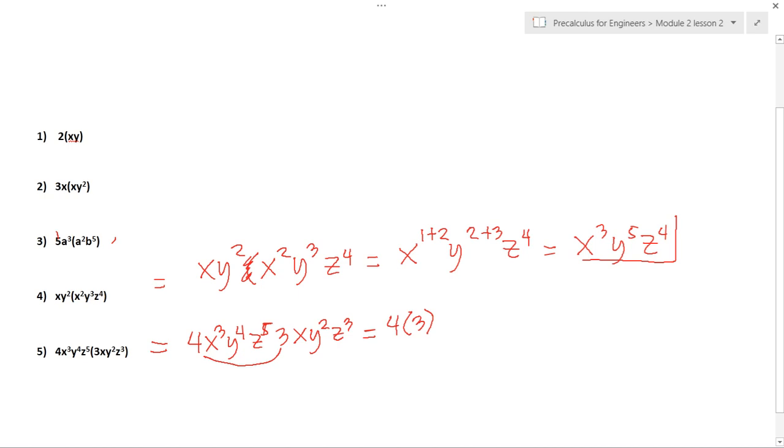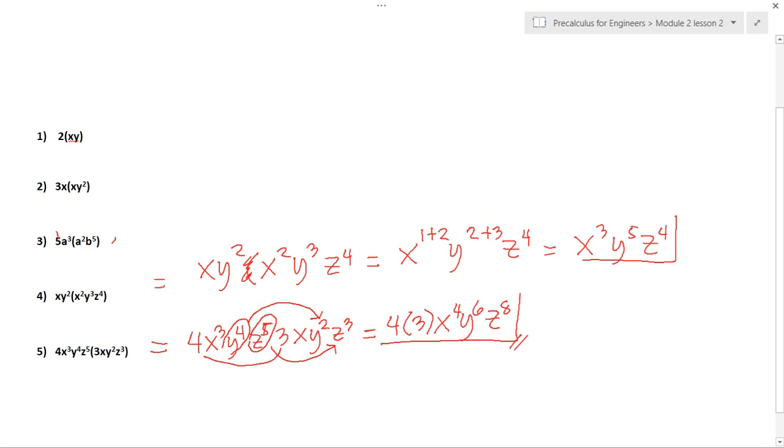Then x: we have x cubed and x, so 3 plus 1 is equal to 4. How about y? We have y to the 4th and y squared, so add their exponents: 4 plus 2 is equal to 6. Therefore, this is y to the 6. How about z? We have z to the power of 5 times z to the power of 3. Just add their exponents, so 5 plus 3 is equal to 8. Therefore, z raised to the power of 8. So this is the answer for example number 5.